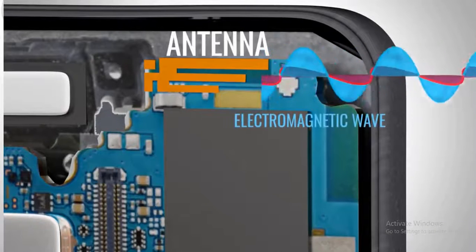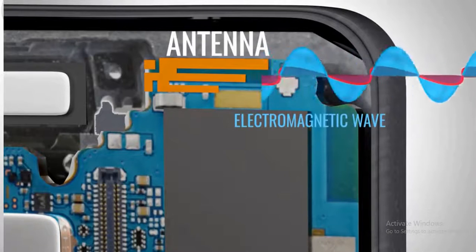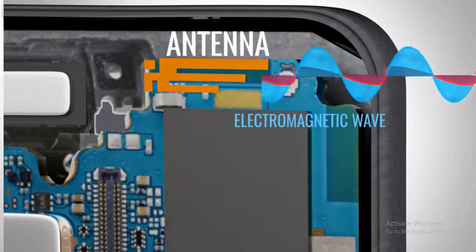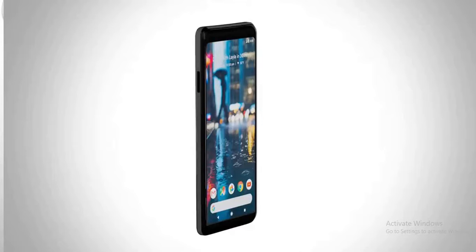This electromagnetic wave travels through air or any medium, wired or wireless, and it reaches the destination. That's how you get your connection here.